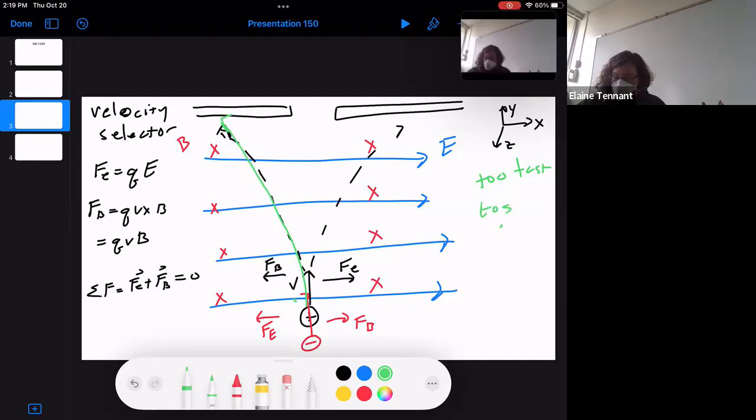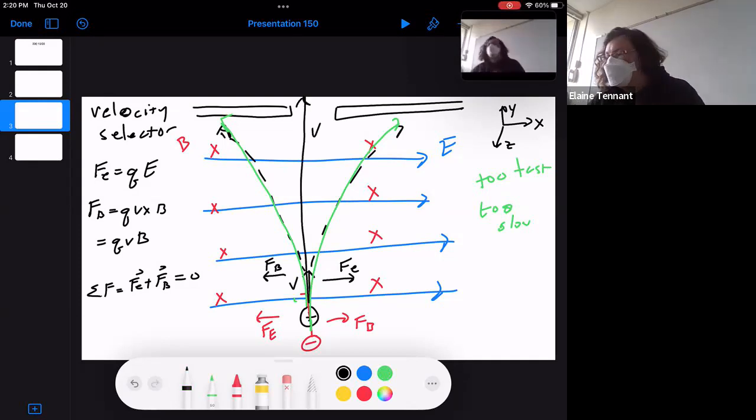If you're too slow, your electric force will be larger, and that's going to take you along that path. But since your magnetic force depends on speed and your electric force does not, that gives you that freedom of that one particular variable. Make sense? And so that way you get your one particular speed that'll get you through your concrete walls.